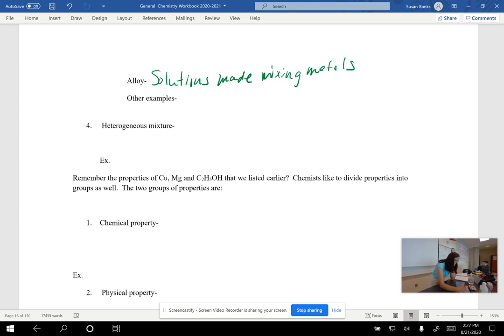Okay, for example, if I have brass, brass is a mixture of zinc and copper.